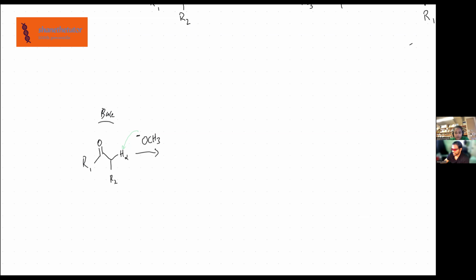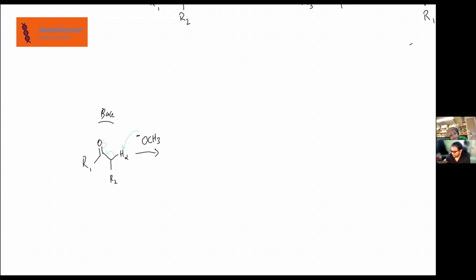And so it's going to take that, and the electrons that form the bond with the alpha hydrogen will go here to form a double bond. And the oxygen double bond will go up towards the oxygen itself.